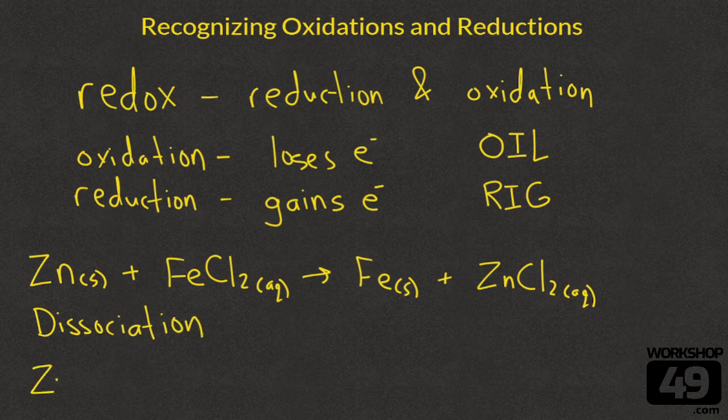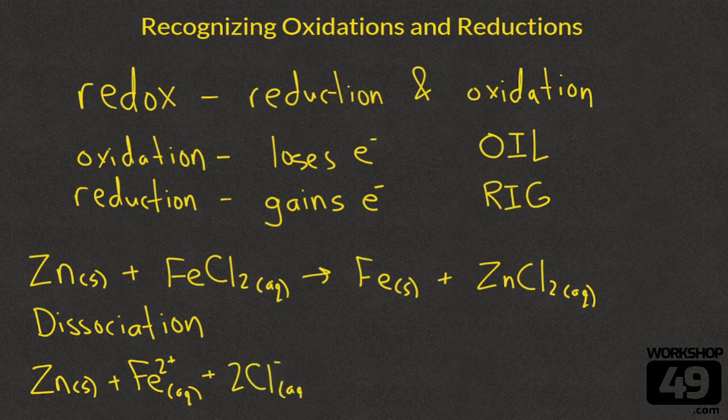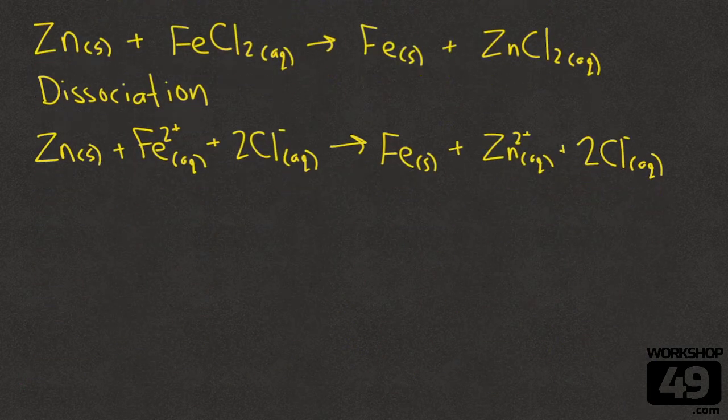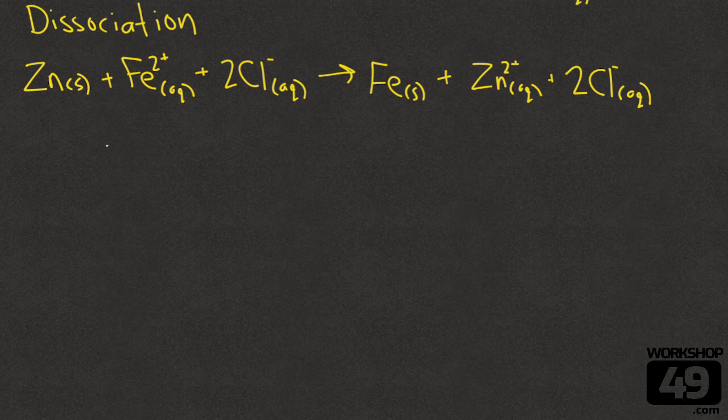We still have a zinc solid, but in that water solution, we're going to have our iron 2 plus cation, as well as 2 negative chloride anions, and on our product side we are still going to have our iron metal, but we're going to have a zinc cation and 2 chloride anions. And I'm just going to scroll this up to help out, and that's our dissociation.